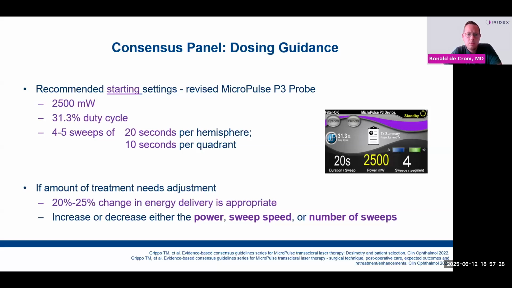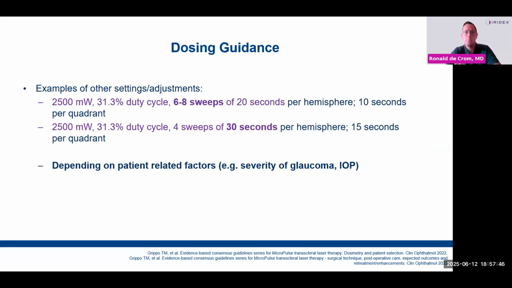You can, for example, change the way the energy delivery is done towards the ocular tissue. You can adjust the settings by increasing or decreasing the power, the sweeping speed, or the number of sweeps you use. So two examples: you can do a higher number of sweeps, for example 6 to 8 sweeps of 20 seconds per hemisphere, or you can make the sweeping time a little bit slower.